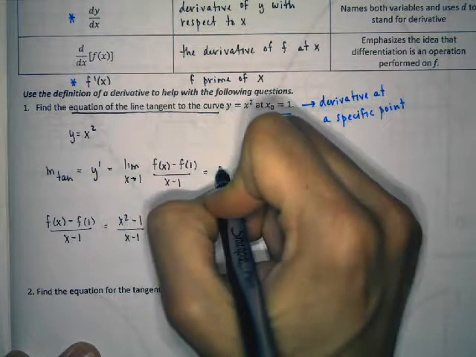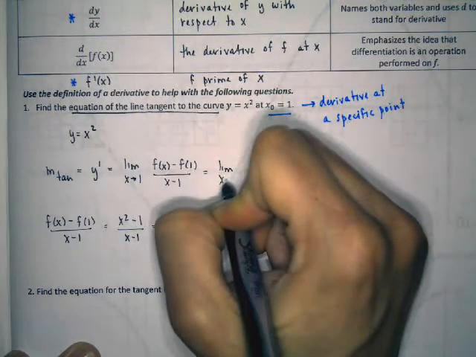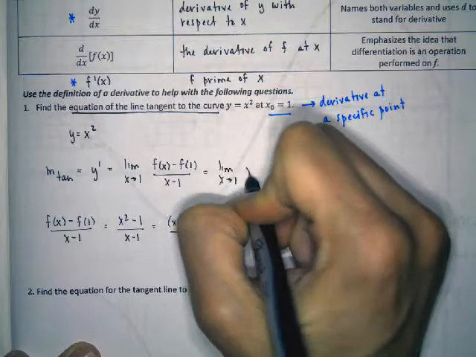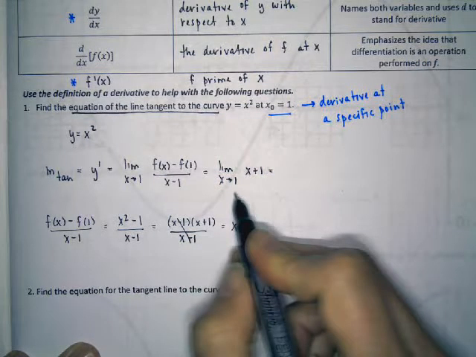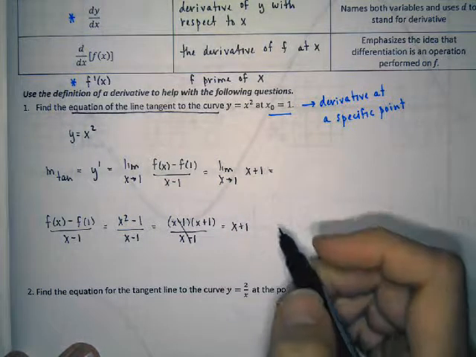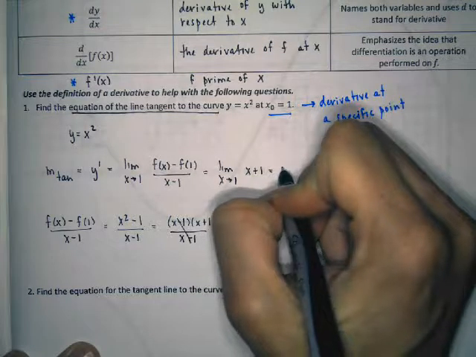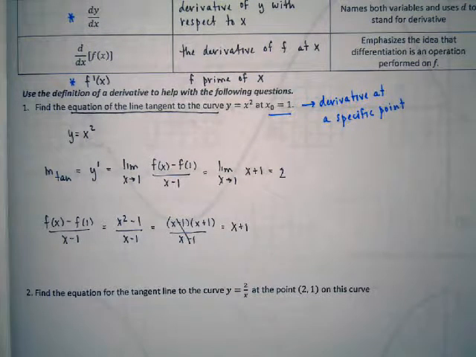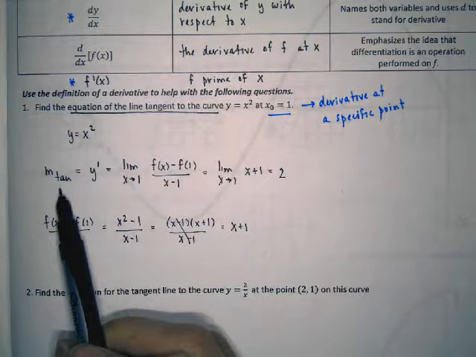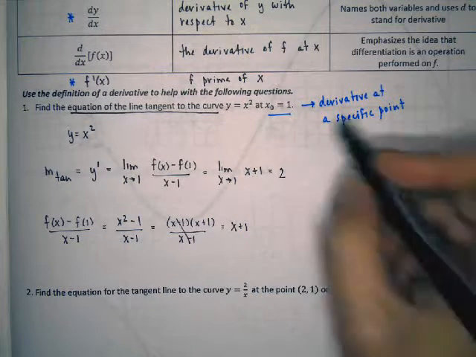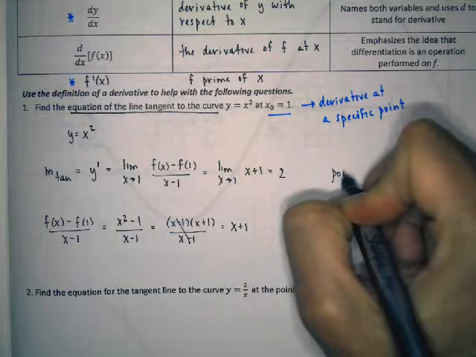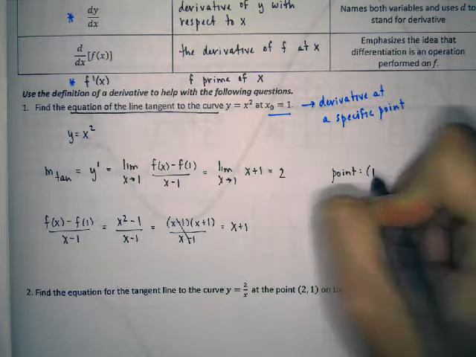So now I'm going to take the limit of my simplified function here, x plus 1, and I know the limit as x approaches 1 of x plus 1 equals 2. So now we've calculated the derivative, which gives us the slope of our tangent. So we have a slope. We know that our point, our x value, is 1.